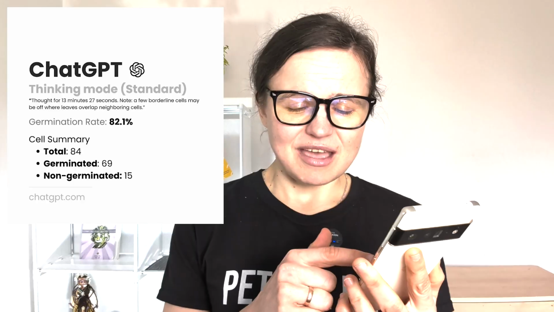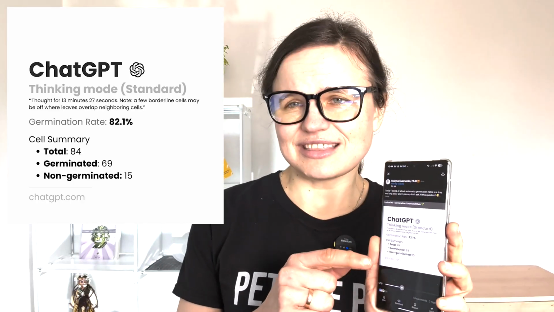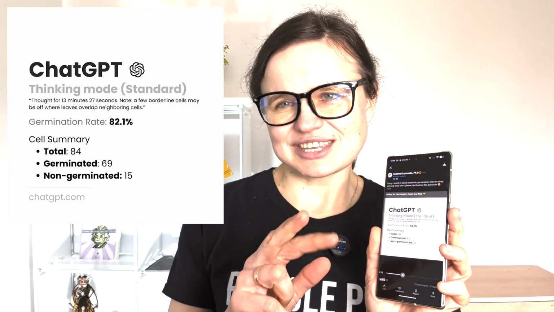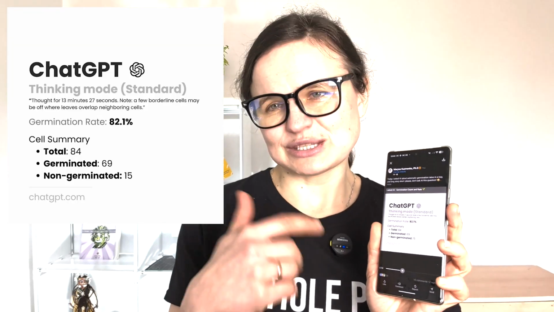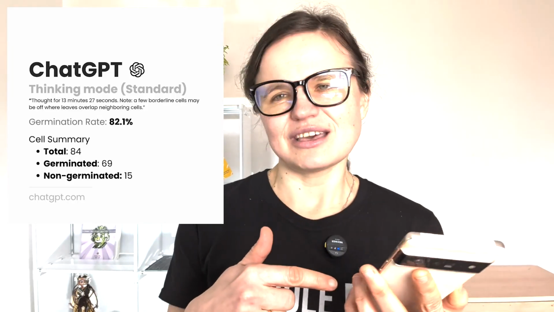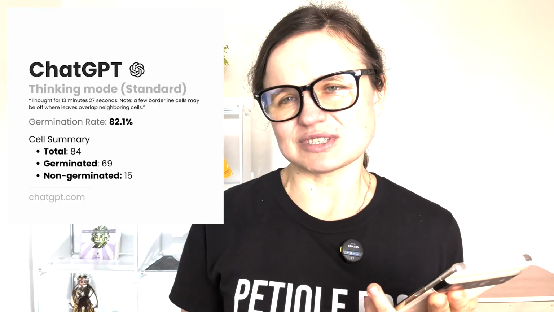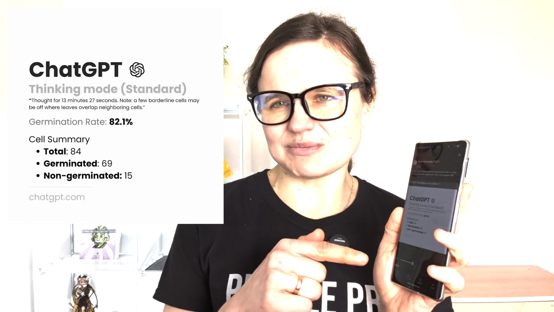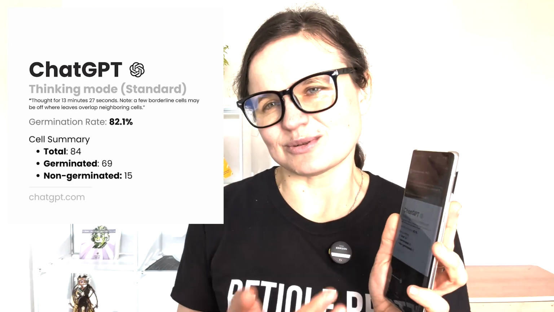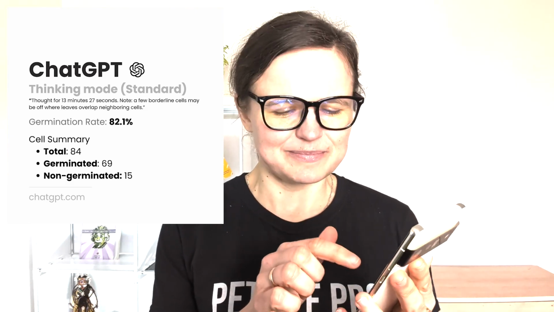At the same time, the germinated and non-germinated cells were distinguished incorrectly, and that's why the germination rate was not right. And the fact of counting germination rate was not even a question, because if the initial inputs, germinated and non-germinated, were not correct, then there's no sense to calculate the germination rate.